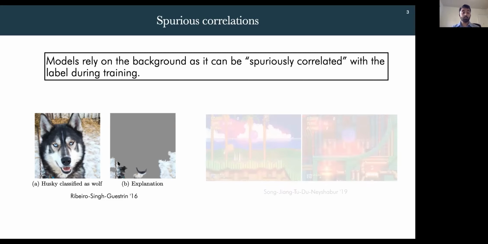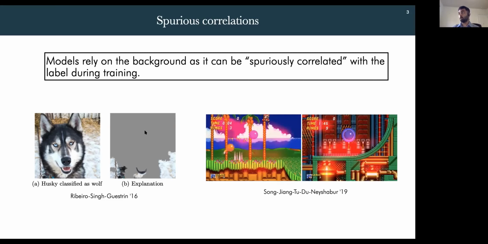Another example of a spurious correlation is the one here, which is in a reinforcement learning setting. Here's an example from the Sonic the Hedgehog game, where you see regions in the image that have been highlighted. The highlighted regions, which are pinkish in color, and I'm trying to point at them with my cursor, are essentially pixels that largely determine what your agent is going to do.